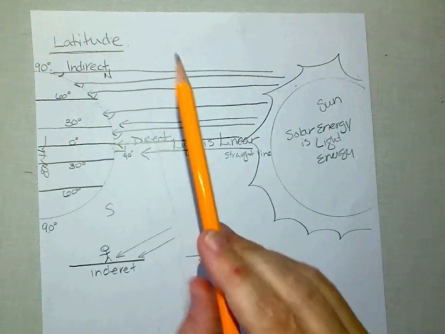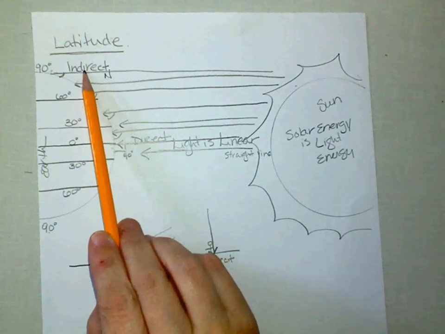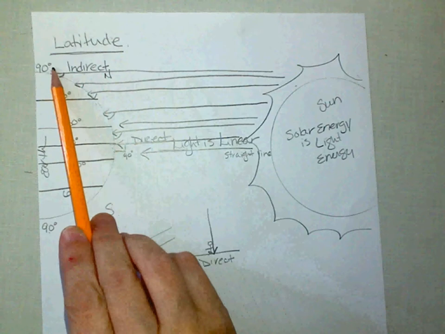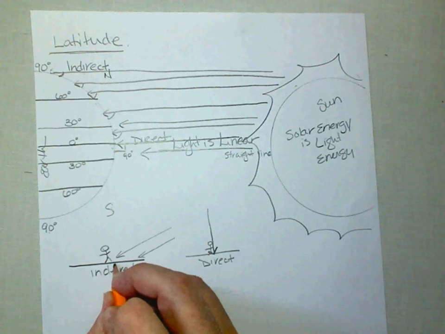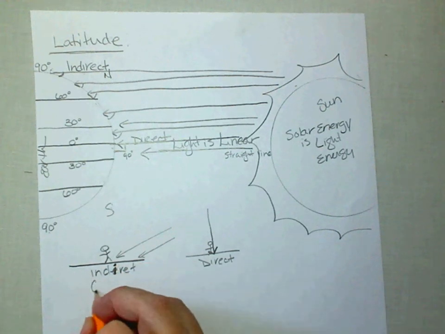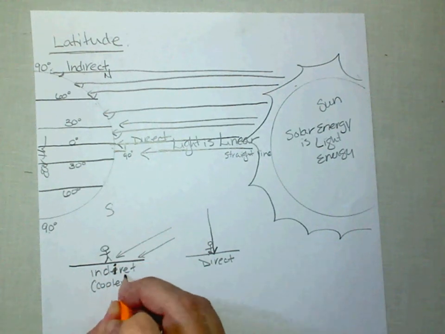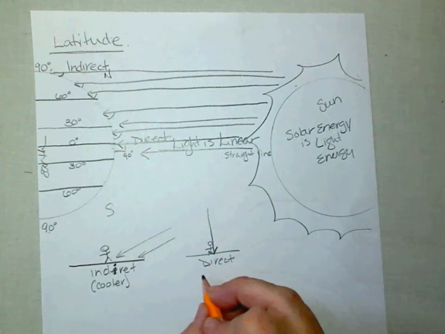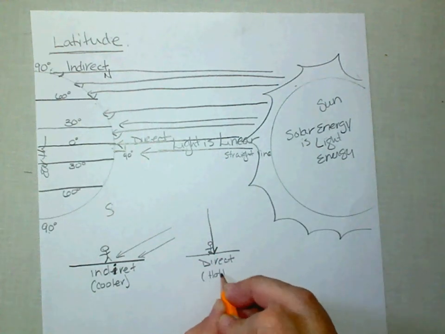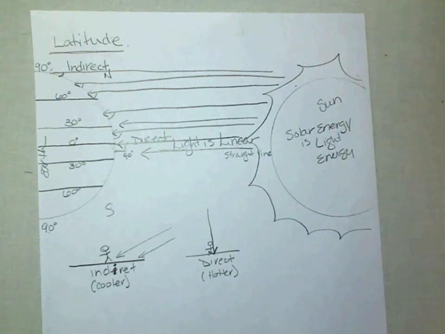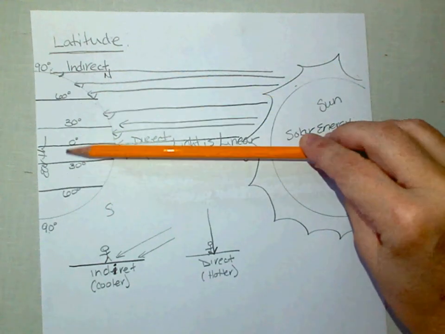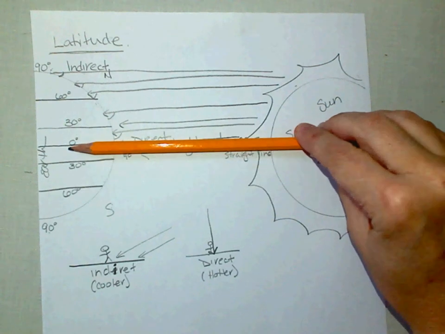So these indirect rays that are coming in here at the poles are going to be indirect. If I could spell, indirect. These are going to be much cooler. The direct rays are going to be hotter. Okay? So that kind of makes sense. You've known this for a long time. At the equator, that's where we're going to get our warmest temperatures.